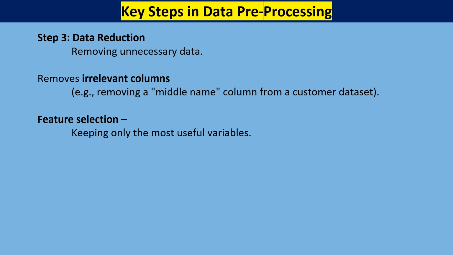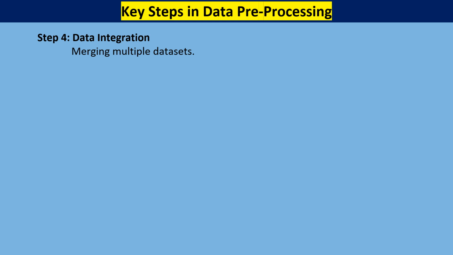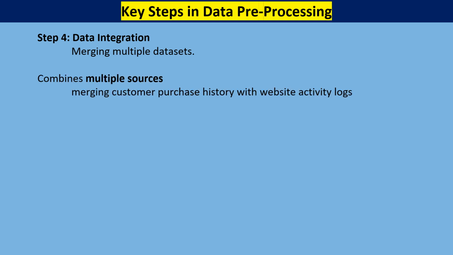That's data reduction. Number 4, data integration, merging multiple datasets. Combine multiple sources, merging customer purchase history with website activity logs. Ensure data consistency across systems. For example, a hospital combines lab test results plus patient records plus doctor's notes for better treatment recommendations.